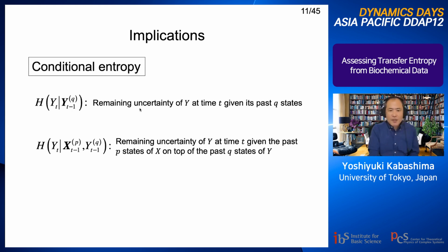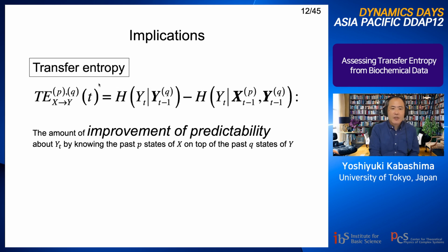This represents the remaining uncertainty of Y at time t given its past Q states. And the other one represents the remaining uncertainty of Y at time t given the past P states of X on top of the past Q states of Y. So the transfer entropy, defined by the difference between the two, represents the amount of improvement of the predictability of Y_t by knowing the past P states of X on top of the past Q states of Y.